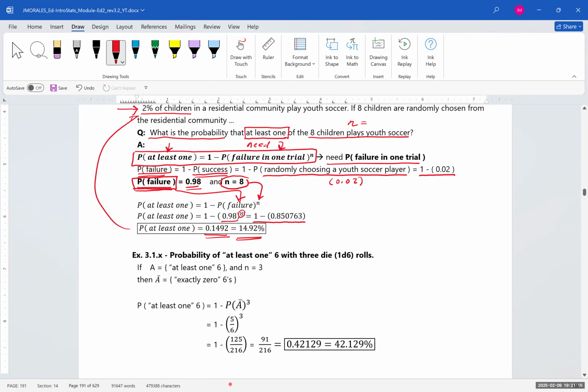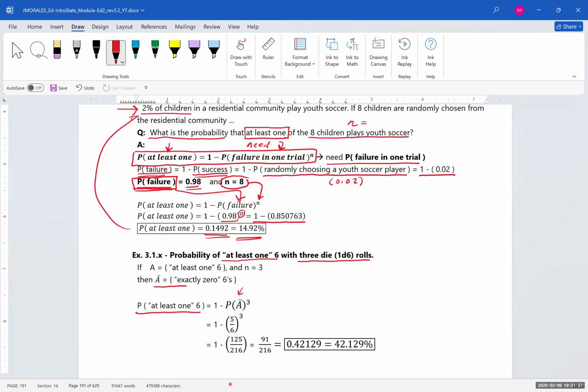What's the probability of getting at least one 6 with 3 die rolls? What we need to look at here is the probability of getting at least one 6, and we need to figure out what the complement of that is.